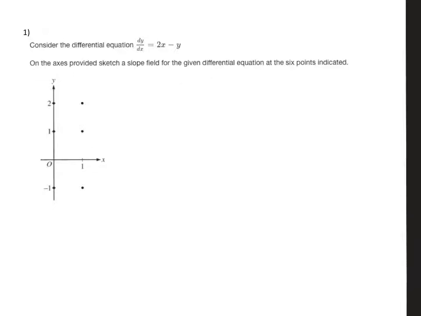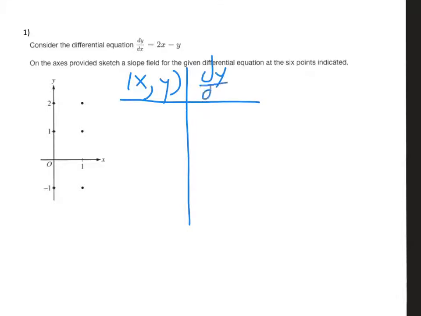So I'm going to plug in my points, x, comma, y, and then I'm going to say, okay, well, what's the slope at that point? What is dy dx at that point? I'm going to start with 0, -1. And certainly you don't need to show all this work. This is just me being organized in terms of an explanation.